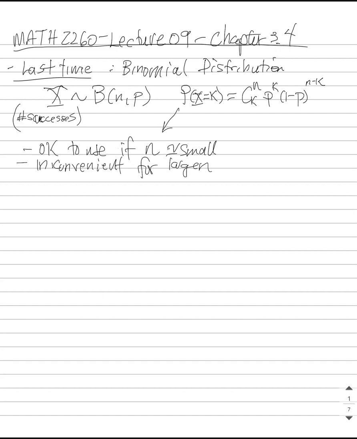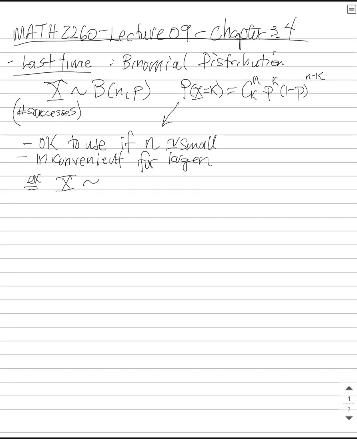For instance, if my variable is distributed binomial where n is 10,000 and p is 0.3, and I want to find the probability that X is greater than 201, this is annoying. It's annoying to do by hand from the formula. So if you need a number, you should use technology.